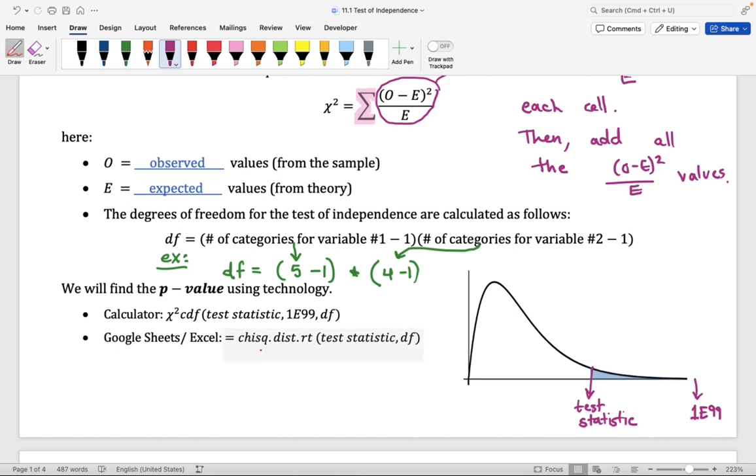This function on Google Sheets and Excel is going to give you the area to the right of the test statistic, which is the area that you're trying to find. Once we have the p-value, we can compare the p-value with our alpha value and make a decision of whether we're going to be rejecting or failing to reject the null hypothesis. And then finally, we're going to go ahead and write a conclusion for the test.